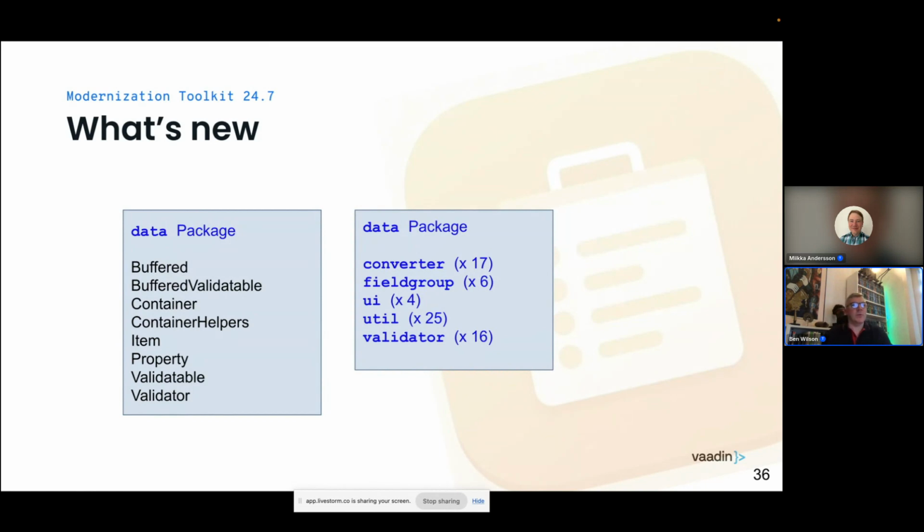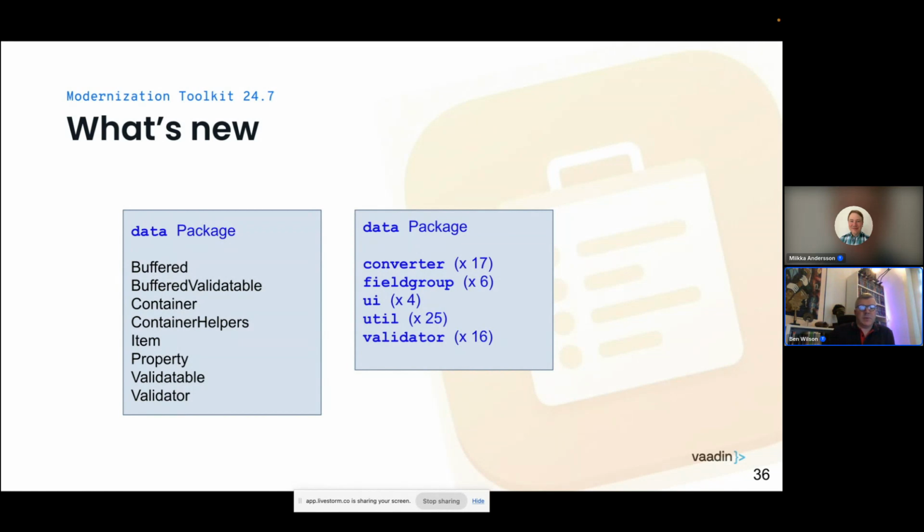Something that isn't quite ready yet for release, but we've been able to make work for a customer, is lazy query container. So lazy query container is a directory add-on from 2016 by Tommi Laukanen that was very popular with Vaadin 7 developers. You could use it with the table component to lazily load large amounts of data.